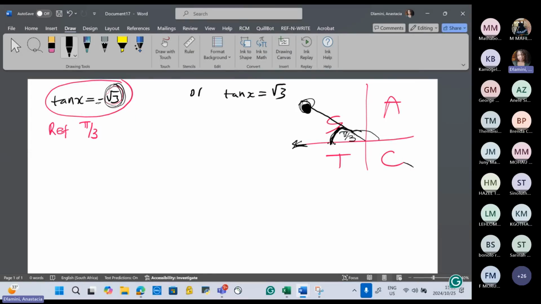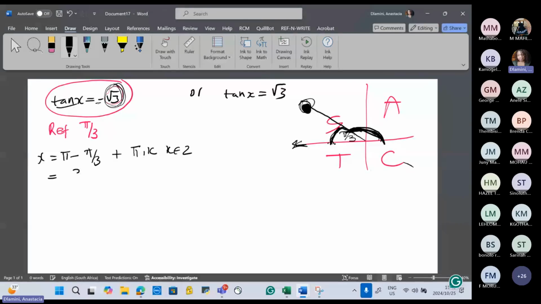So what is the angle here, from here to here? It will be x = π minus π/3, where π is the period of tan, so this is π times k, where k is an element of integers.